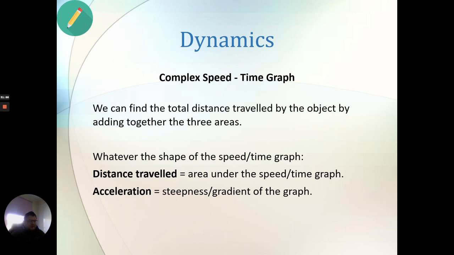As I said, whatever the shape of the speed time graph, the distance travelled is the area under it, and the acceleration is the gradient of any given section of the graph. So I'm going to do one quite complex question here to show you how this works.